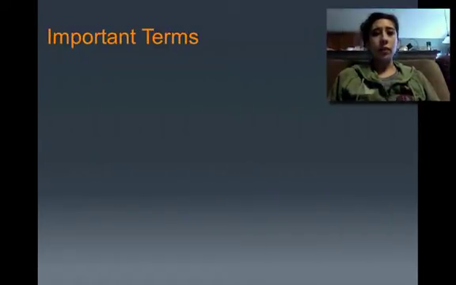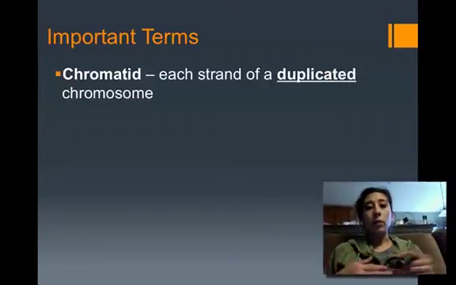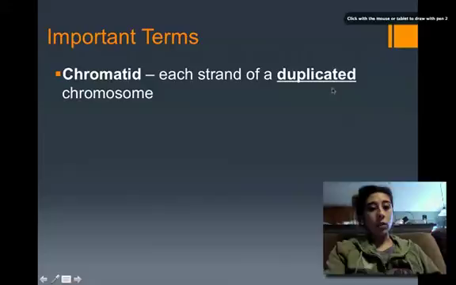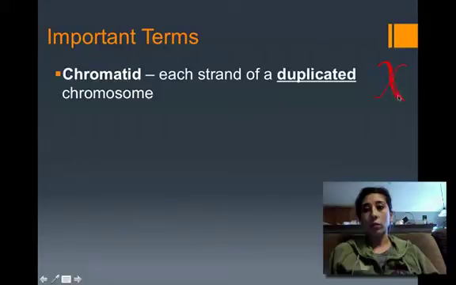So a few important vocab terms that will help you understand mitosis. We have chromatids, and chromatids, remember, are part of the chromosomes. This is kind of how I typically draw my chromosomes. They're paired together. So here's a chromosome, here's a chromosome.